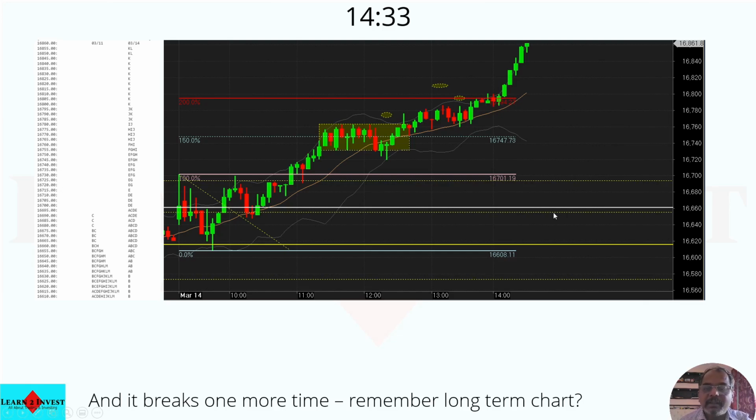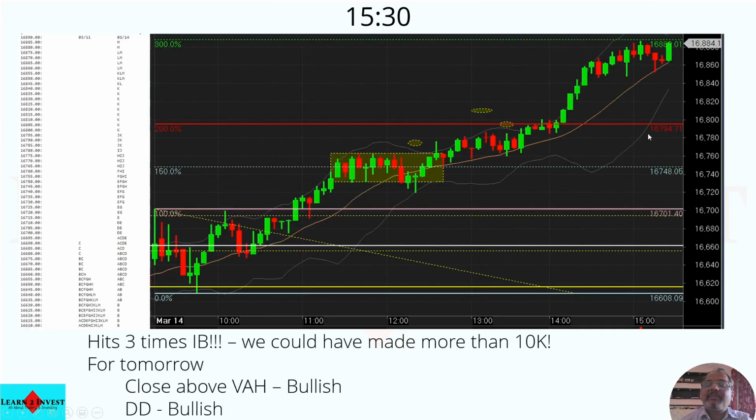I mean, really it doesn't, but that's part of the game. And at the end of the market, it not just did twice the initial balance, but it did 3 times the initial balance. So this is the power of stops. Stops got hit, and a lot of people were bearish today, and they have been shaken out from the market.